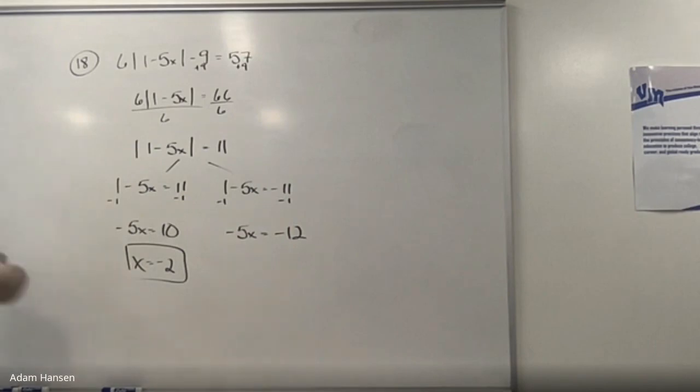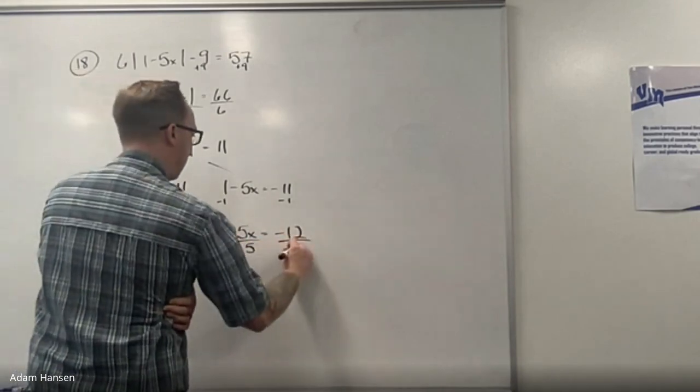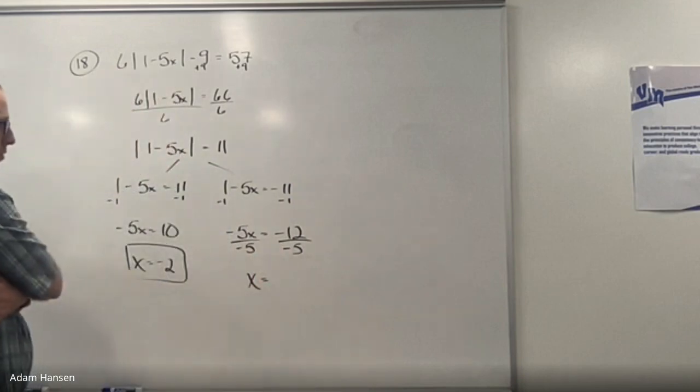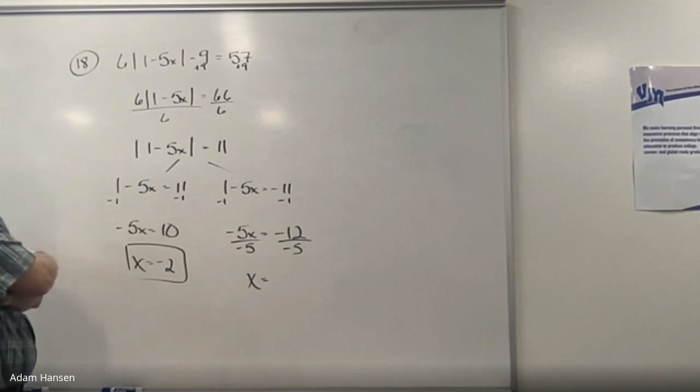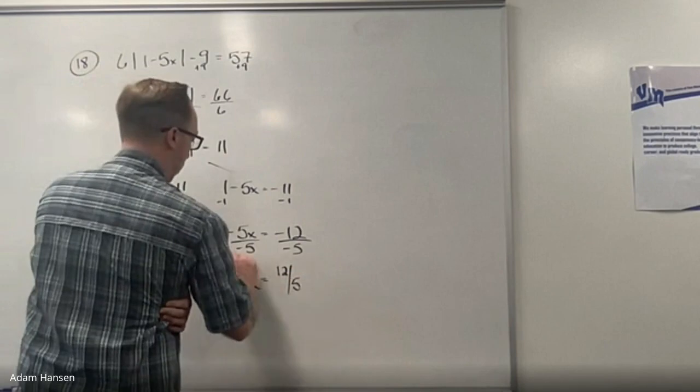Now divide everything by negative 5. 5 doesn't divide into 12, so let's just answer as a fraction. Negative 12 over negative 5. But the double negative makes it positive. 12 fifths.